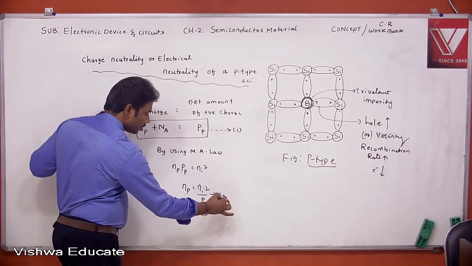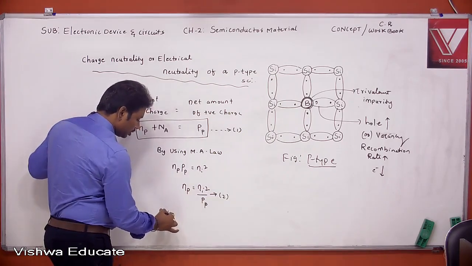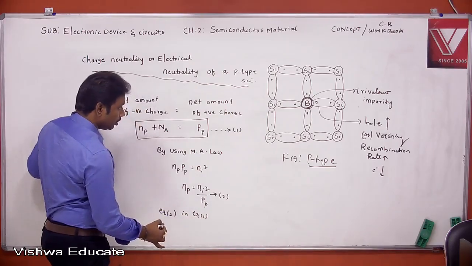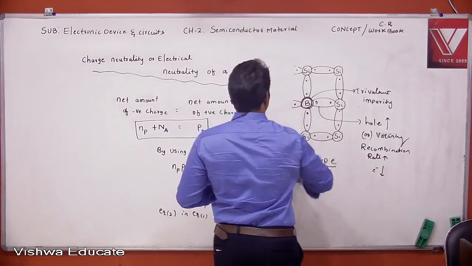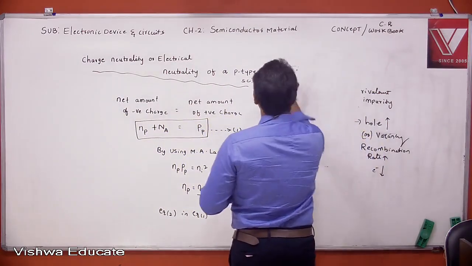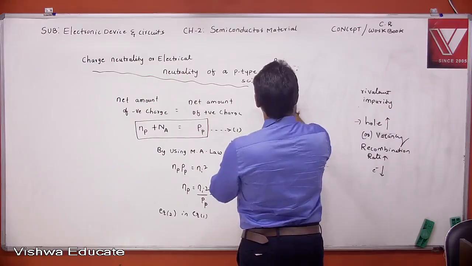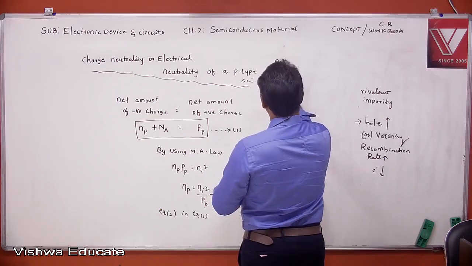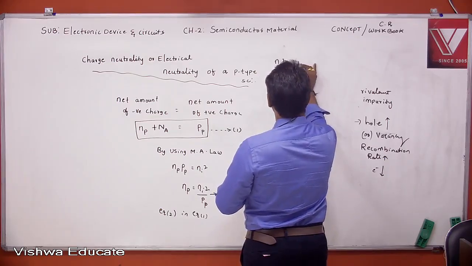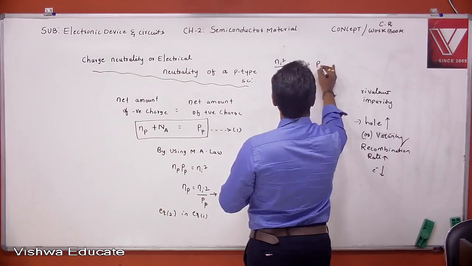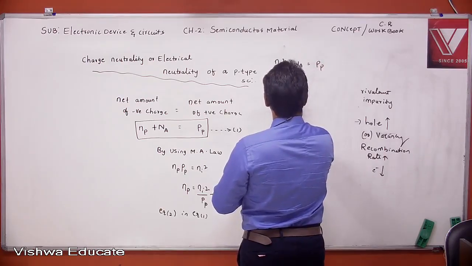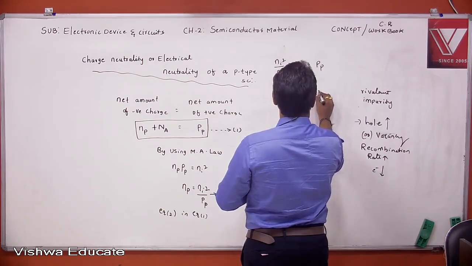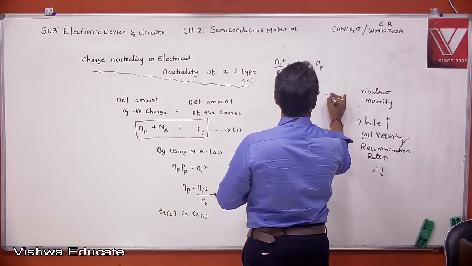This is equation 2. Substitute equation 2 in equation 1. After substitution, ni square by pp plus Na is equal to pp. Now it is pp square minus Na into pp minus ni square equal to 0.